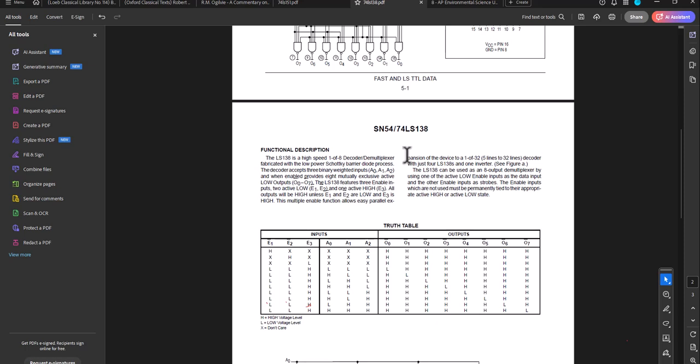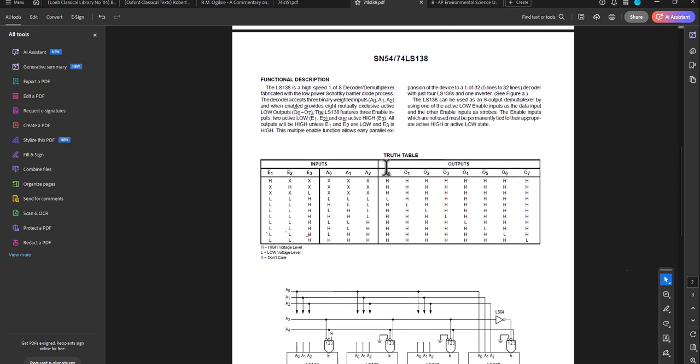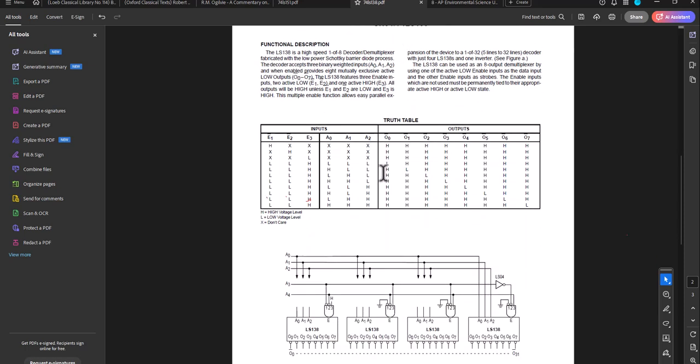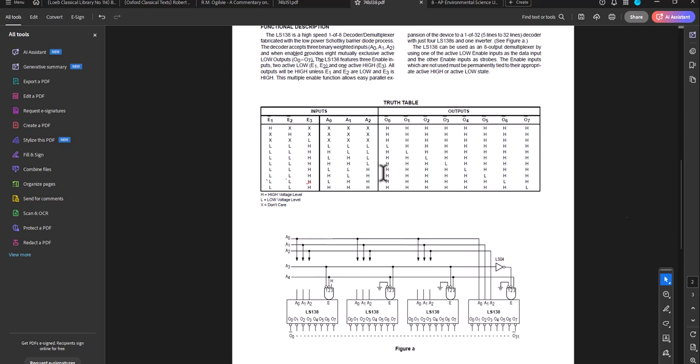Now let's take a look. Are these in the correct order? Okay. If you look at how these are written right here, it has 0, 0, 0, that looks correct, and then 1, 0, 0, and then 0, 1, 0. It kind of looks backwards, but that's because it has A0 written first.